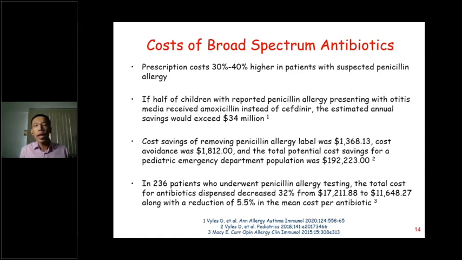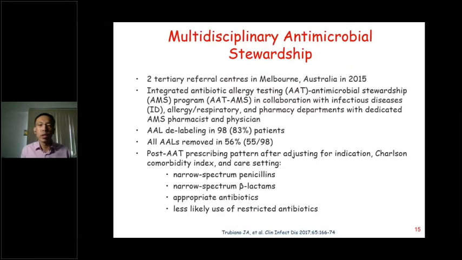So there are a few studies arising from Australia and New Zealand, which have shown the success of what we call multidisciplinary antimicrobial stewardship programs. This was one of the earlier studies, again reported in an infectious diseases journal, of a program in Melbourne, Australia, an integrated antibiotic allergy testing antimicrobial stewardship program, which was a multidisciplinary collaboration among infectious disease physicians, allergy respiratory physicians, pharmacists, as well as a dedicated antimicrobial stewardship program pharmacist and physician.